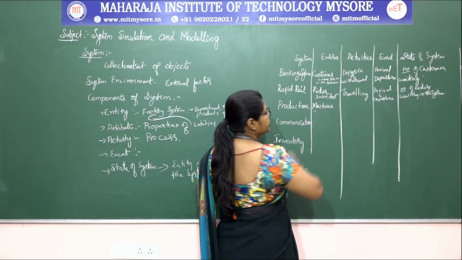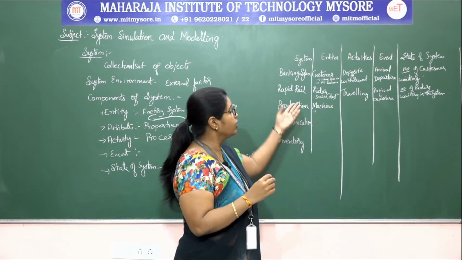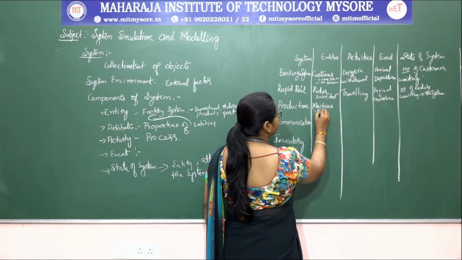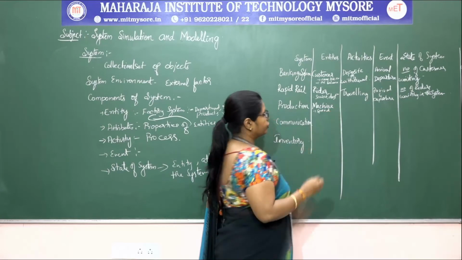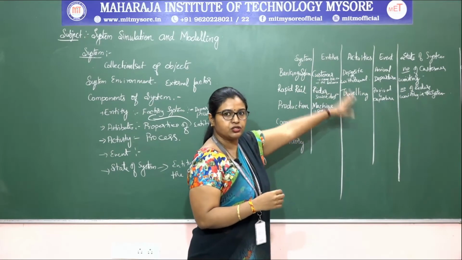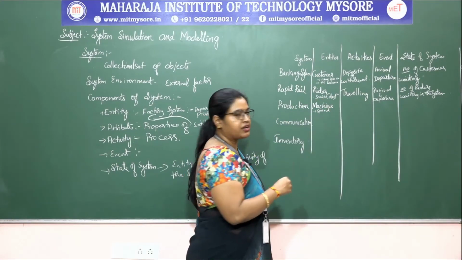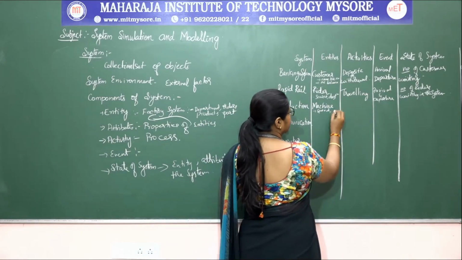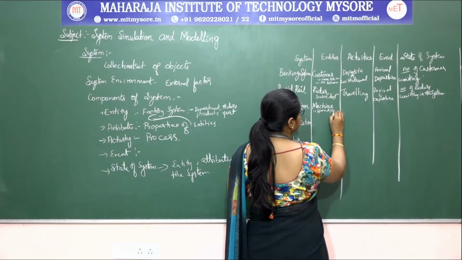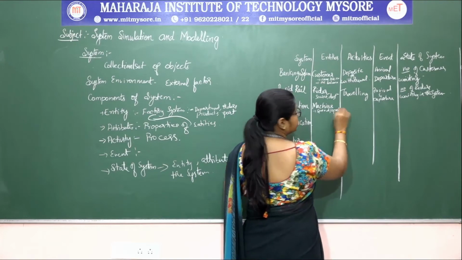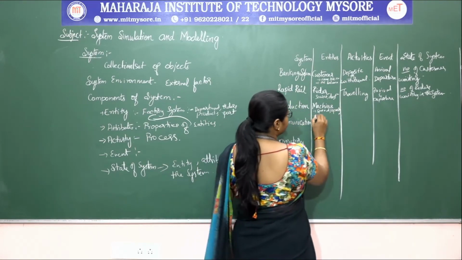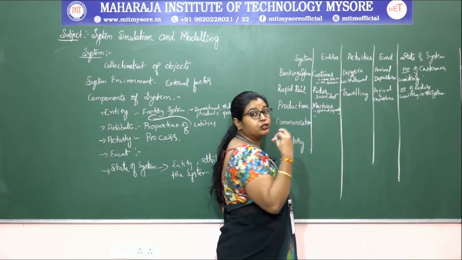So these are considered as the attributes. For the attributes, you can write one more column: speed, capacity, and then we can consider the breakdown rate.